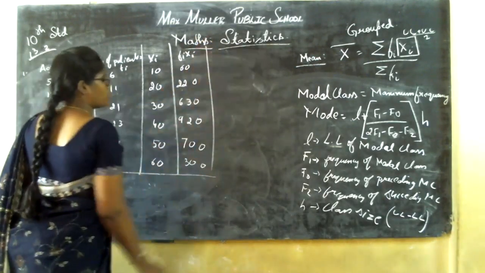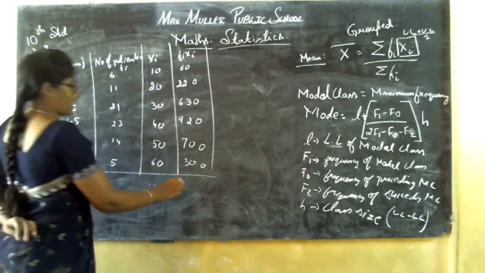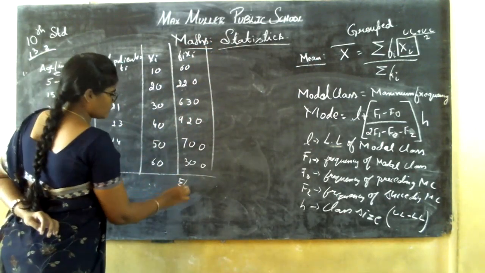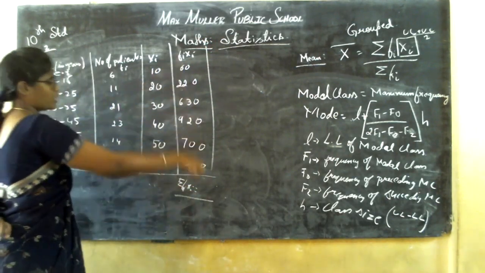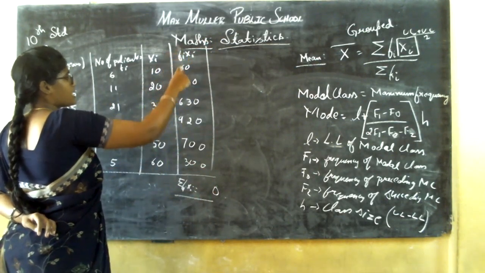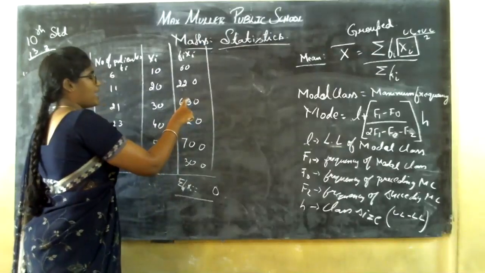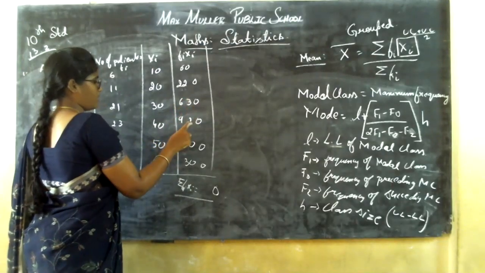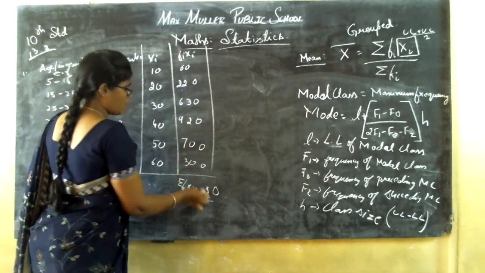Now what we are going to do? We are going to find the summation of Fi and Xi. If I do the summation, what do I get? Initially everything is 0. Let me put 0. Then coming to the tens place, 6 plus 2 is 8. 8 plus 2 is 10 plus 1 is 11. 11 plus 2 is 13. 3, 1 carry.